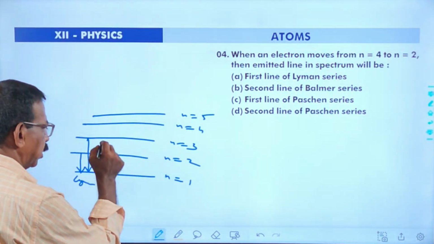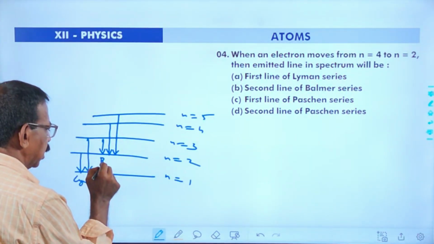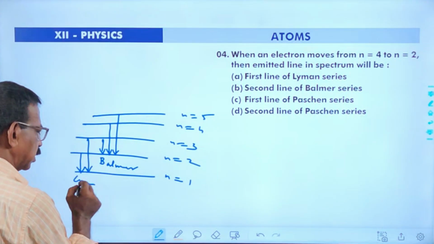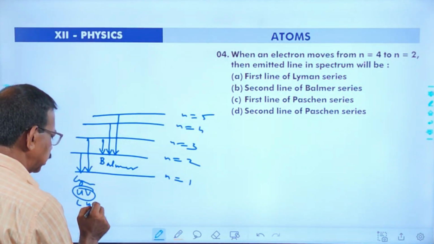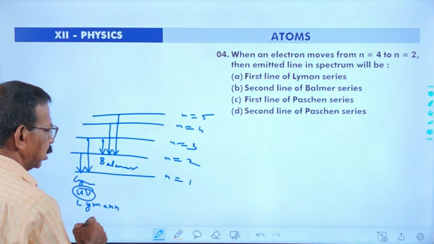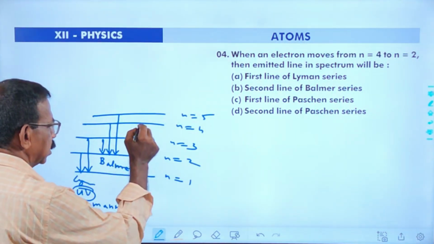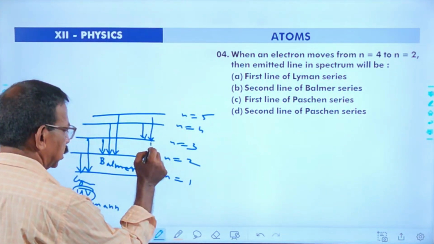By falling to n equal to 2, it is called the Balmer series. Balmer series is in the visible region. Lyman series is in the UV region. And then Paschen, Brackett, Pfund, or others are in the IR region.